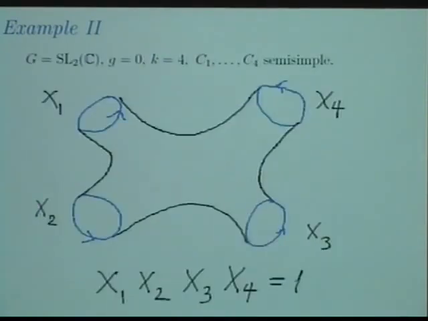Another example will be, let's say G is SL2 of C. The genus is 0, and we have 4 punctures. And we put around each puncture a class that is semi-simple. And again, here the group is reasonably simple. It's just a free group in 3 elements, or 4 elements multiplied to 1.